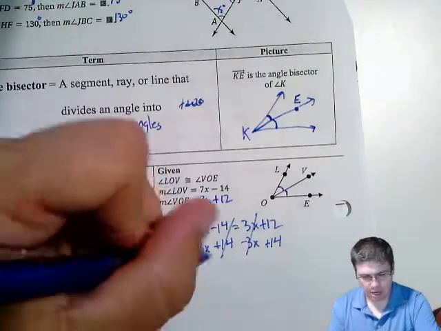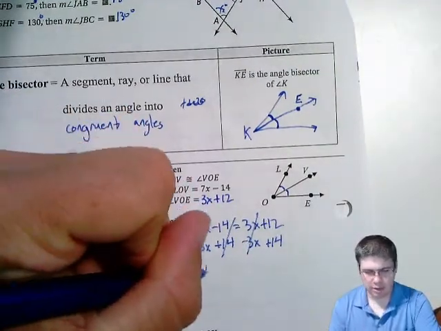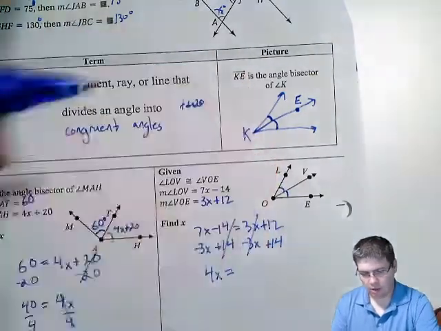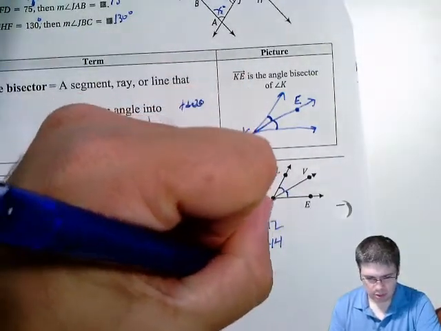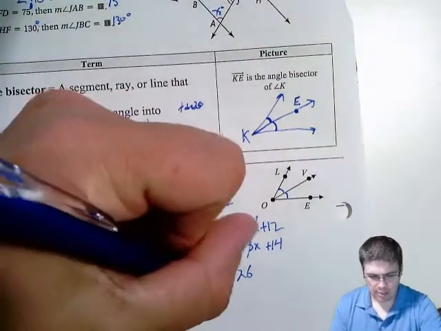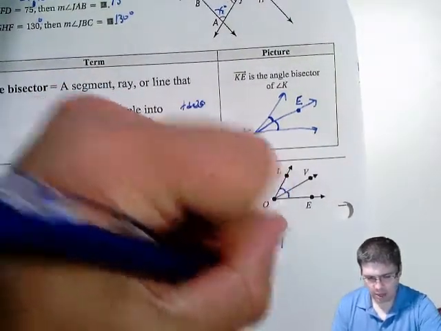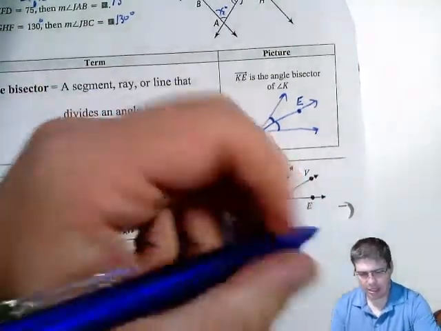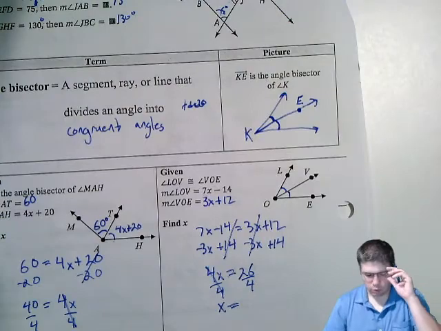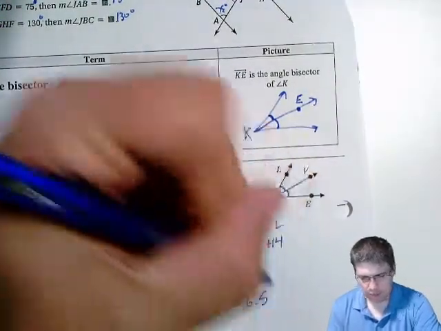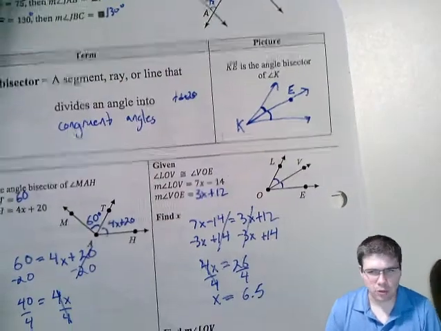So on my left side, I'll have 7 plus negative 3, 4 x's is equal to, and then 12 plus 14 gets me up to 26. So if we divide by 4, that cancels, we get x is 26 over 4, which is 6.5.